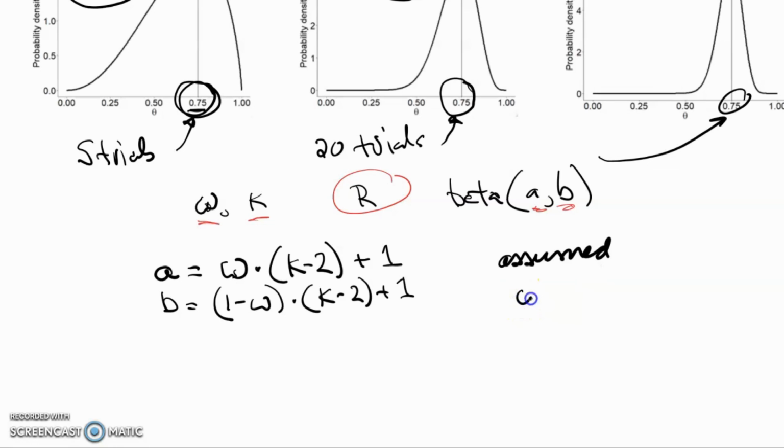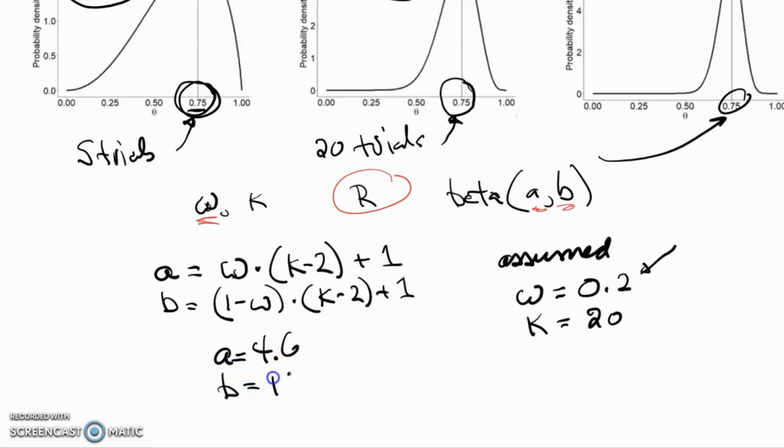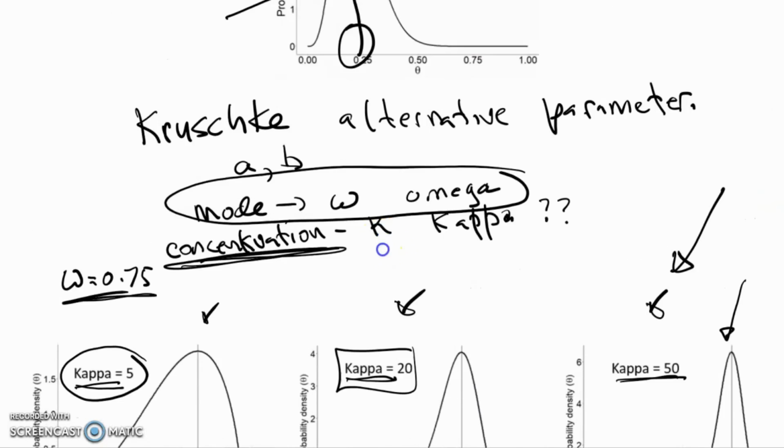And so, for example, if we assumed that the mode was equal to 0.2 and that kappa, the concentration, was equal to 20, in other words, we had about as much confidence in this value of the mode being 0.2 as if we'd done 20 trials, then we could calculate A is equal to 4.6 and B is equal to 15.4.